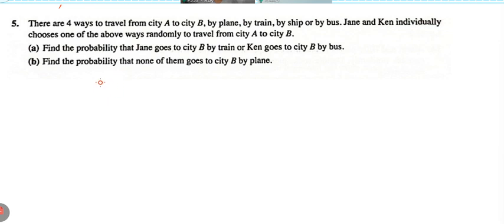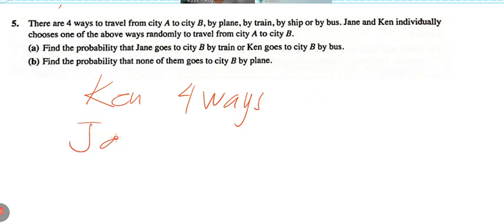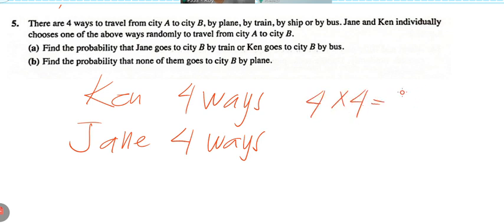For Ken, that's four ways, and for Jane it is also four ways. So that means 4 times 4, that is 16. So the total sample space that we have here is 16.